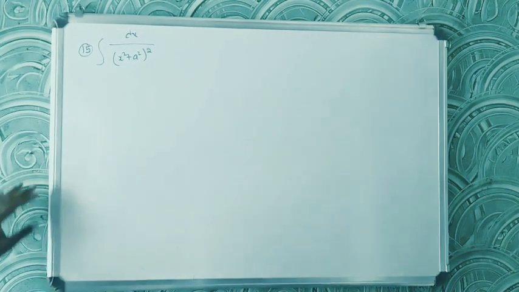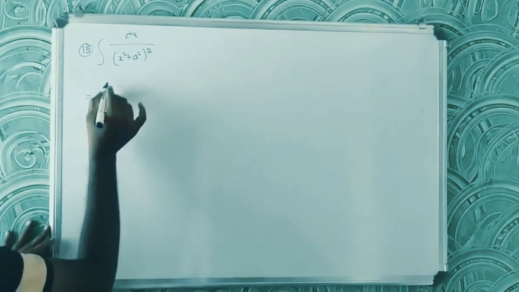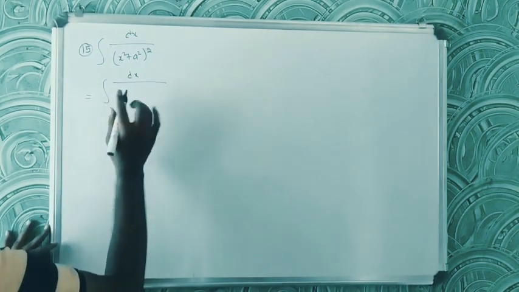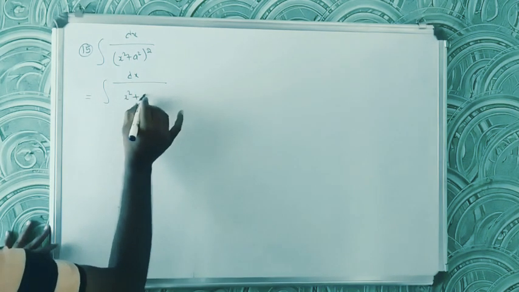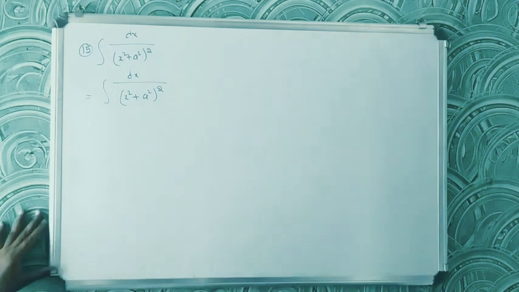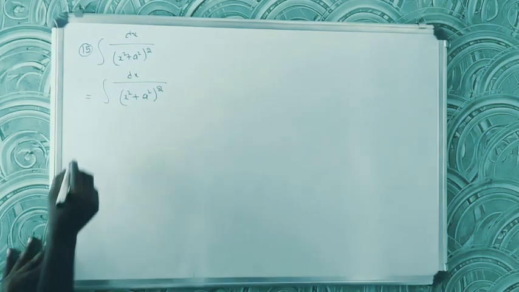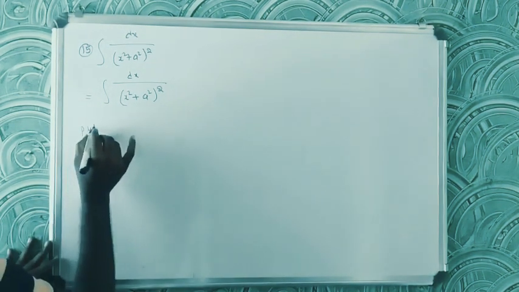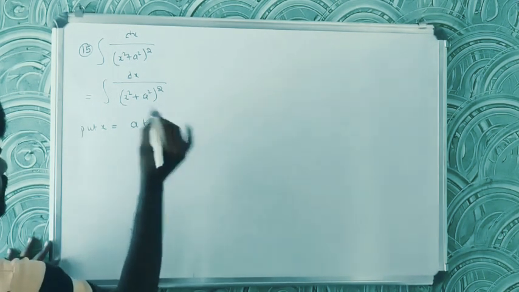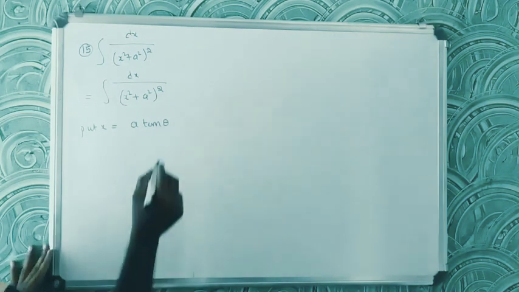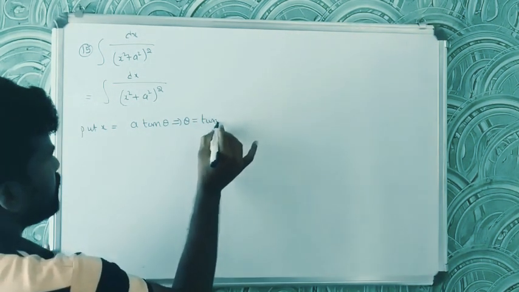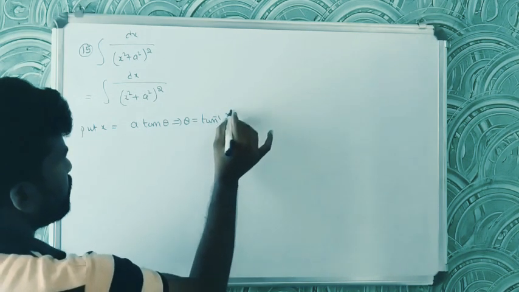Problem number 15. Integration of dx by x square plus a square whole square. This function also has to be simplified first, then we apply integration. Put x is equal to a tan theta. This implies theta is equal to tan inverse x by a.